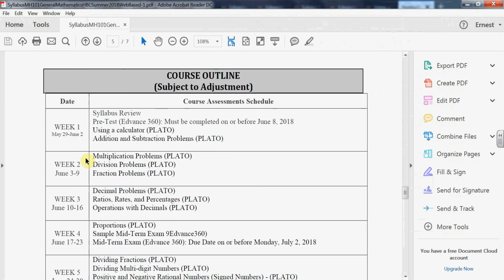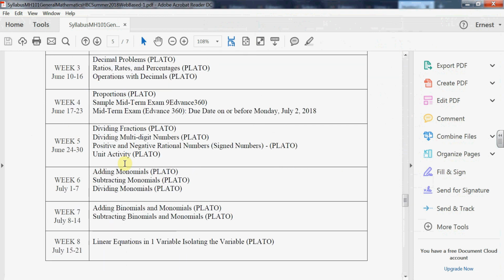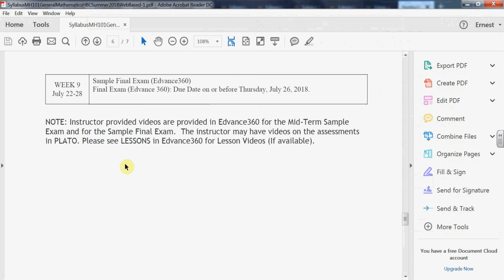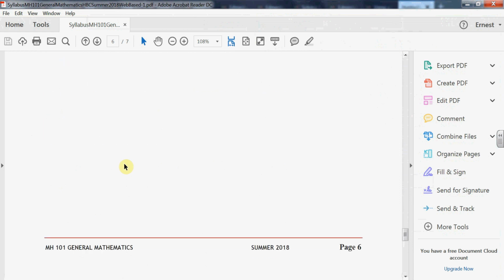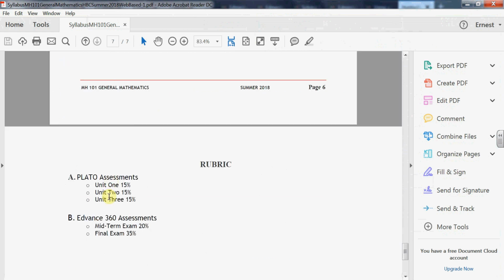And then I give a timeline for completing the information for the course outline. And lastly, there's a rubric there. I think I made mention of that earlier in this discussion of the syllabus.